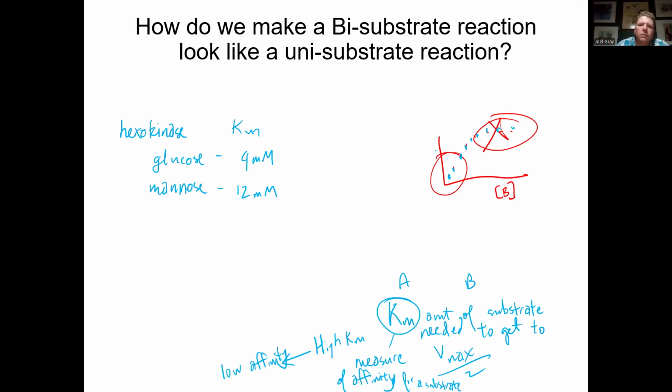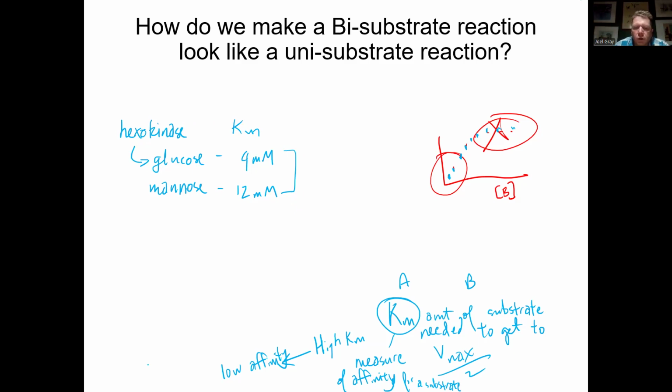Now, effectively, what this means is that these two substrates are not the same. They're not the same based on structure, name, anything like that, but they're also not the same from my enzyme's perspective. This enzyme has a preference to bind and utilize glucose. We don't really know why.